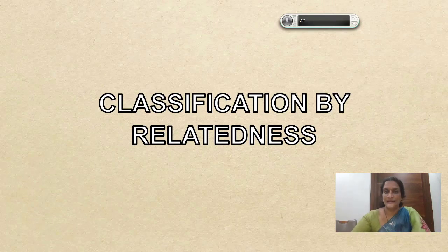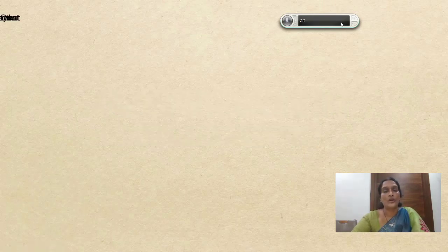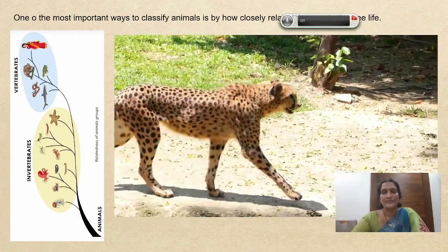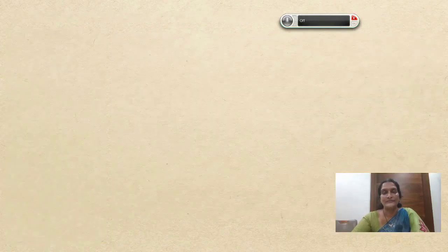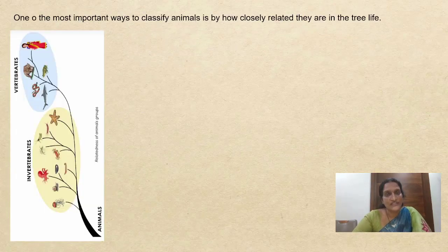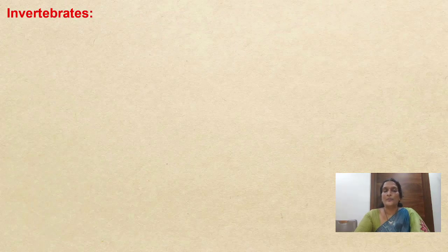Some of the scientists put all the animals which have backbone under one group called vertebrates. And the animals which do not have backbone are placed under a group called invertebrates.